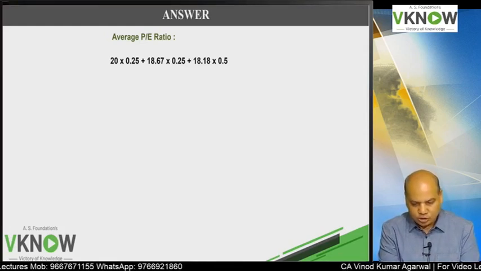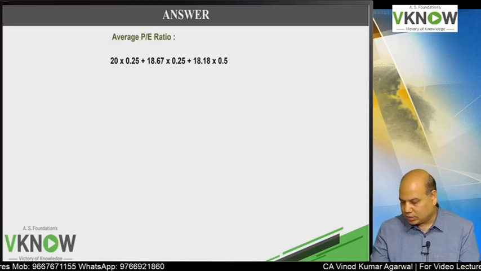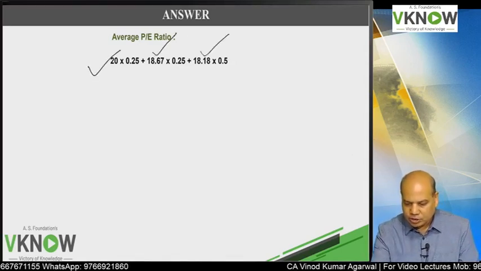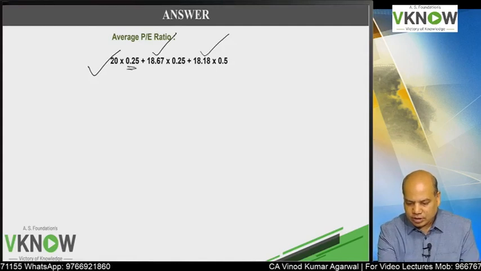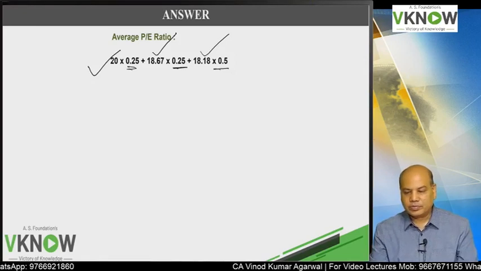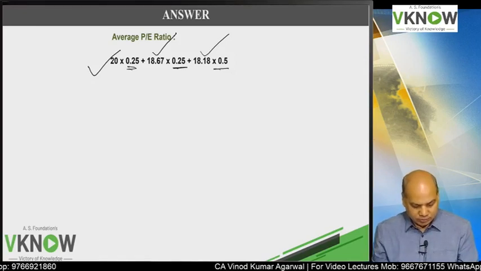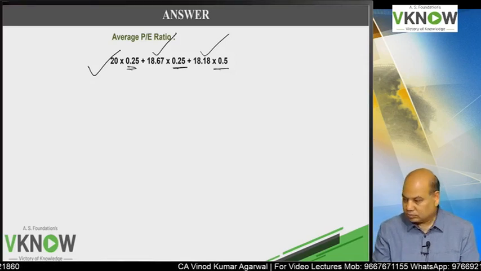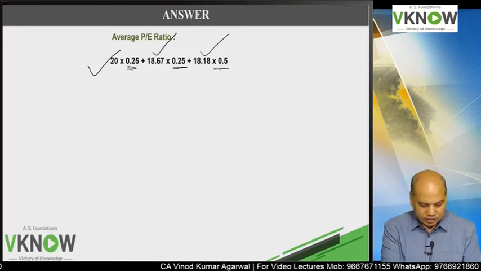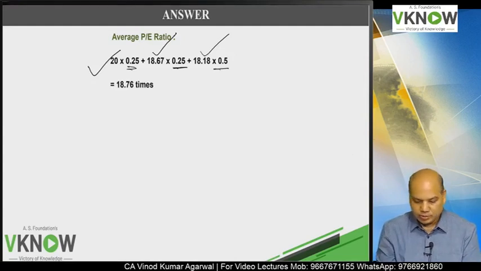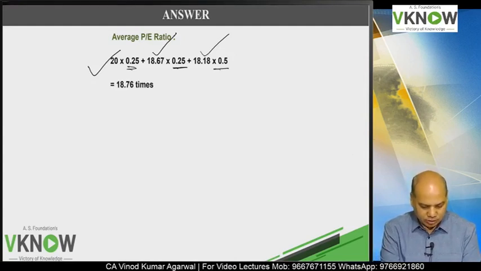So take the P/E ratio of these three companies, and these are the weights. Can you please give me the answer? What is the answer? One student is saying 18.76. Very good, 18.76 is right.